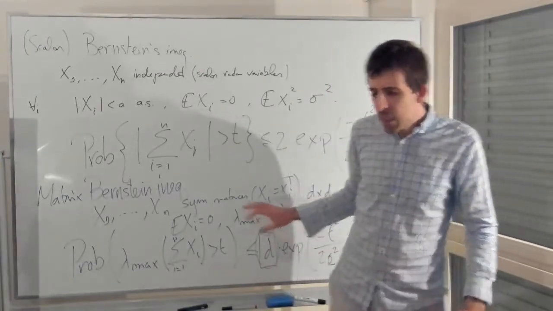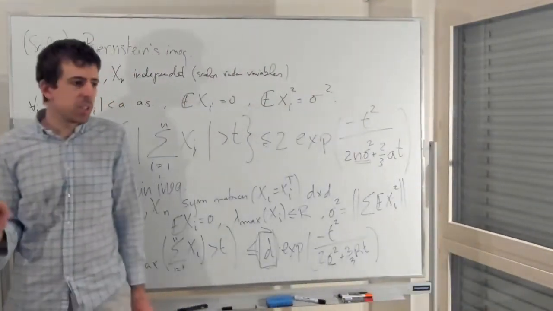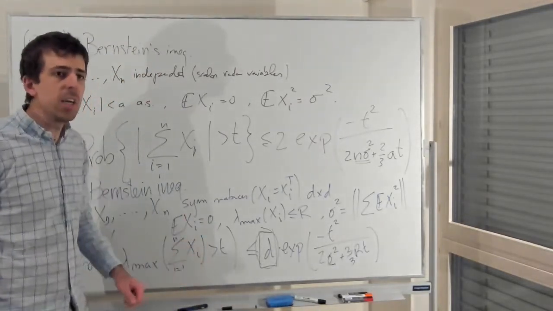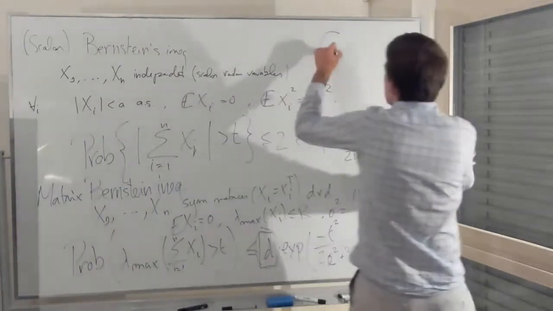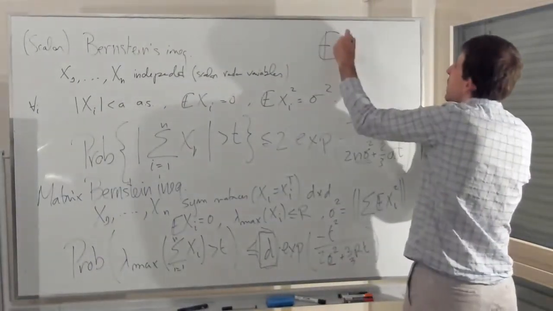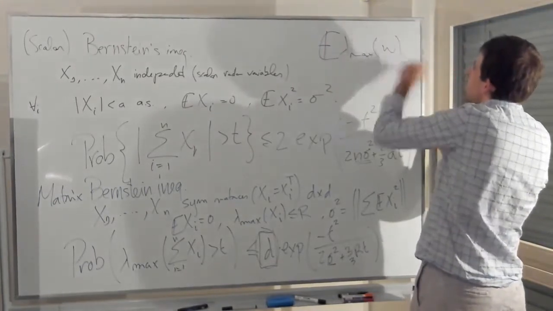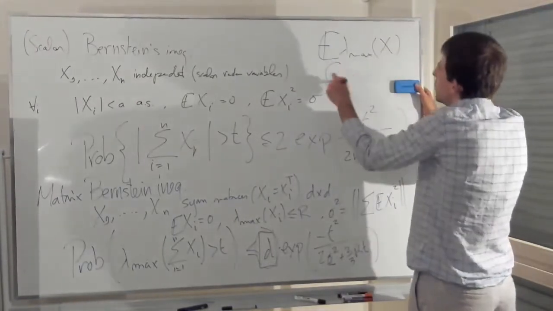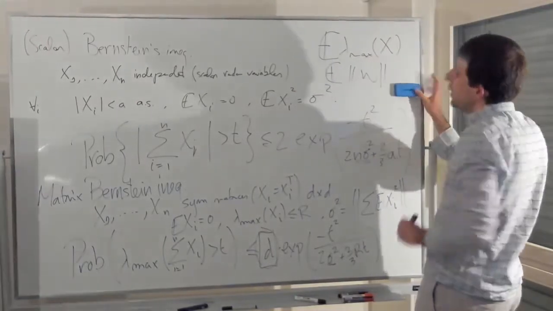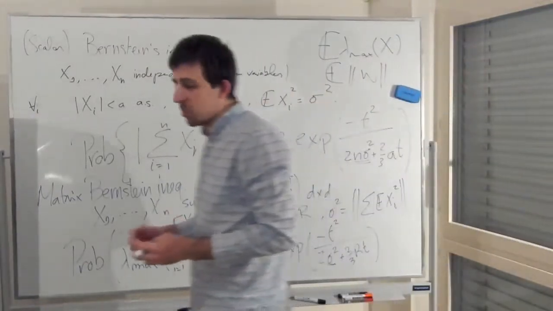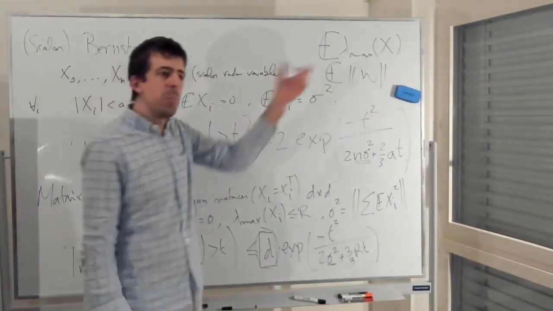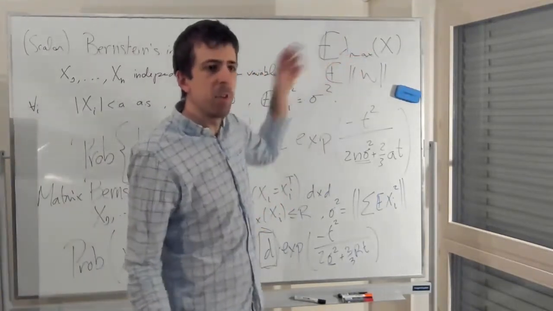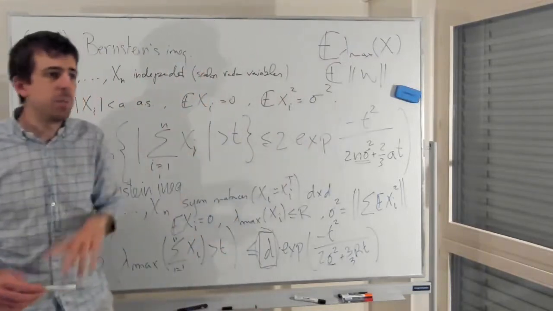Instead we'll prove a lot of matrix concentration inequalities, not by controlling the probability that this deviation is very large, but by controlling the expected value of things like lambda max of a random matrix X, or the expected value of the spectral norm. So instead of controlling tails, we'll control the typical size of this. And then going from the typical size to tails will actually be quite easy, because these are already very high-dimensional objects, so they concentrate very well by themselves.